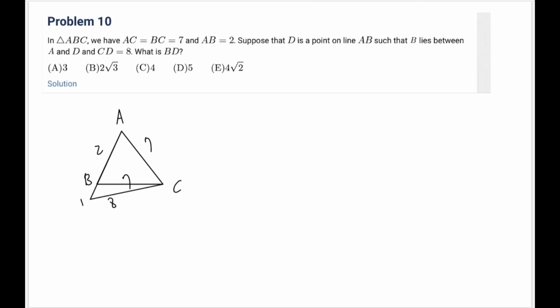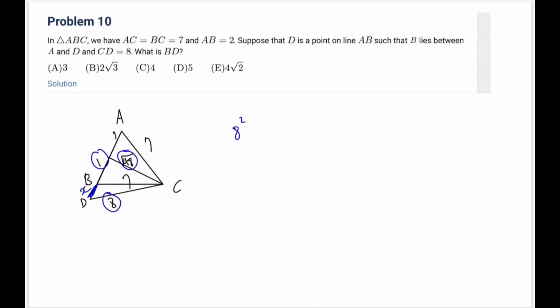This is D, and so what we need to do right here is split this like that, and since the whole thing is 2, this will be 1 and 1, right? And since this is a right triangle, this would be root 48, and since this is also a right triangle, we can use Pythagoras for 1 plus x, 48, 8, and let's say that this is x, right?